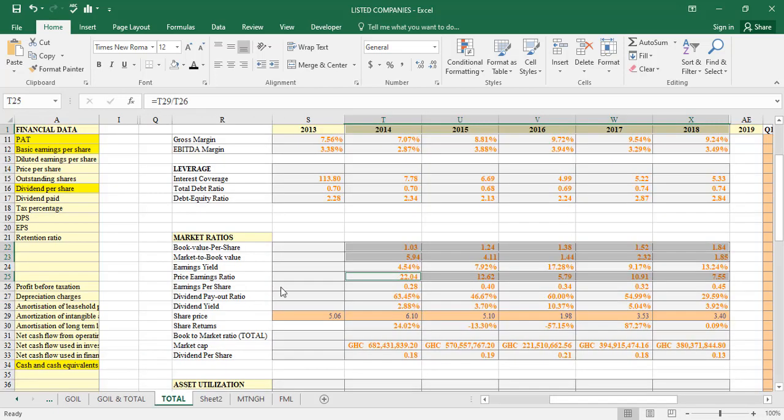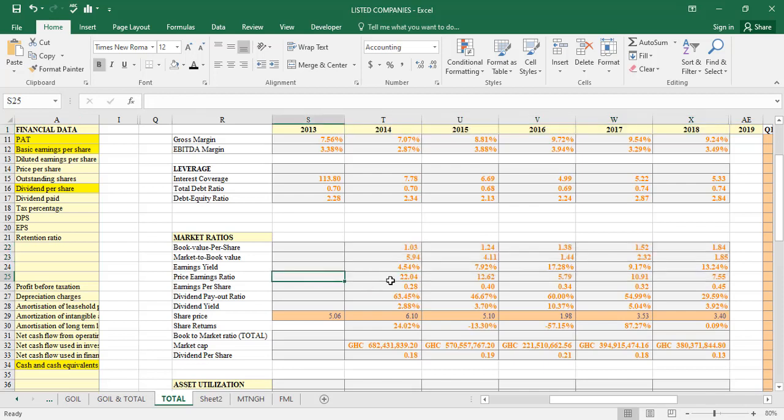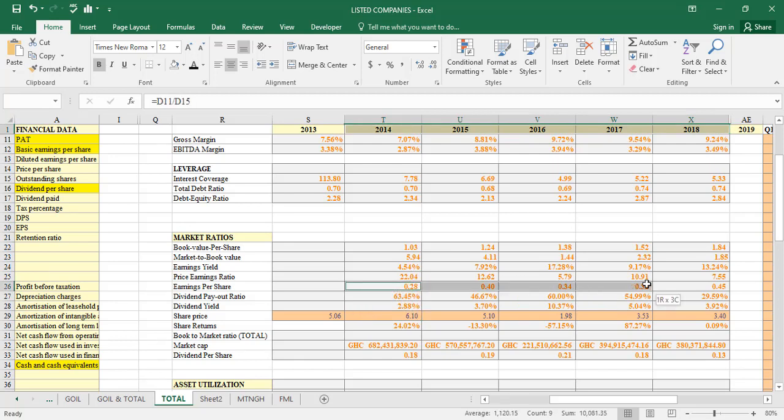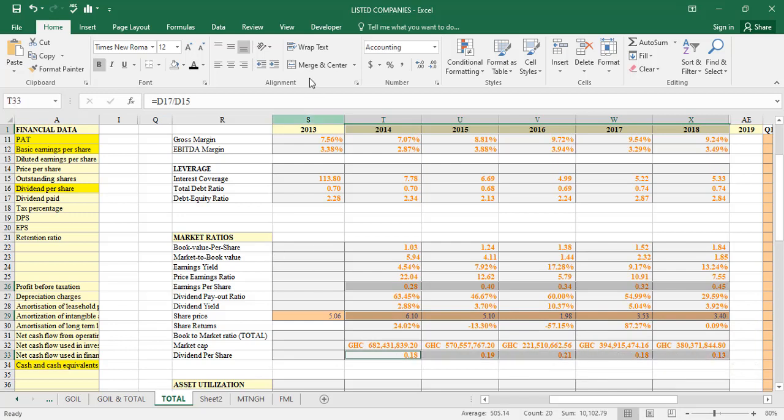Now let's look at other ratios. So we will look at the earnings per share, and then the dividend per share, and then also add the share prices to it. So from 2014 we have earnings per share here, we have the share price here, we have the dividend per share also here.